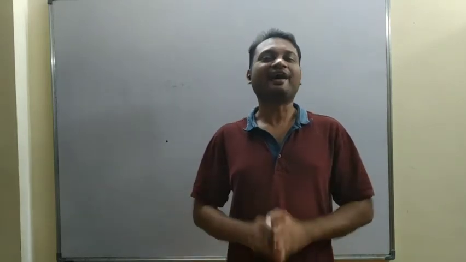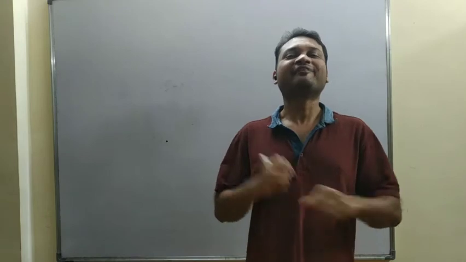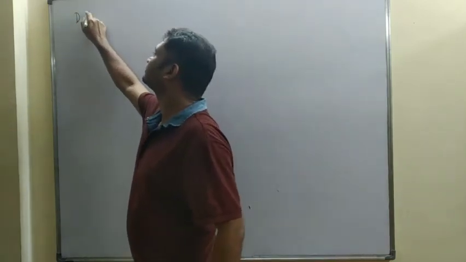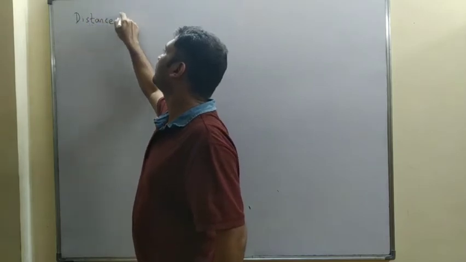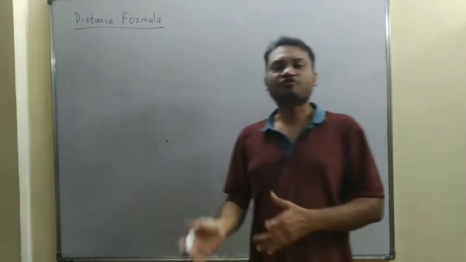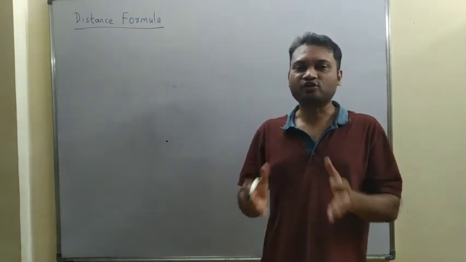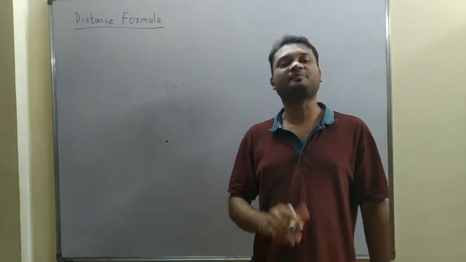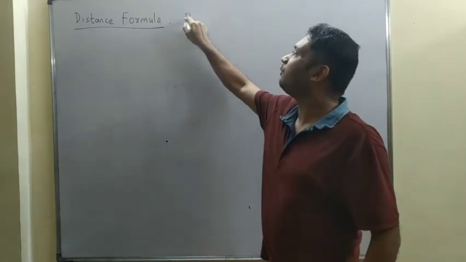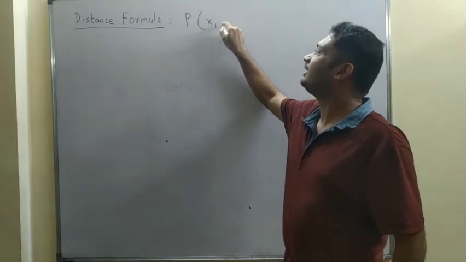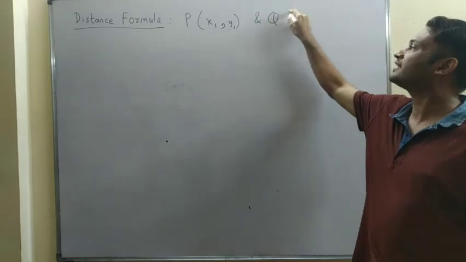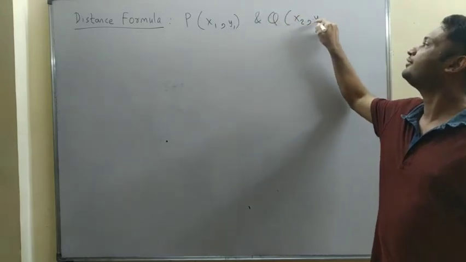So let us learn our first concept for today, which is distance formula. Distance formula is used in coordinate geometry to find the distance between any two points. So, suppose we have one point P, let us say x1, y1, and another point Q, let us say x2, y2.